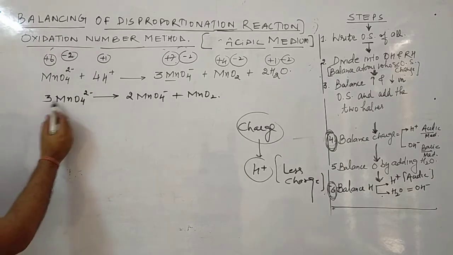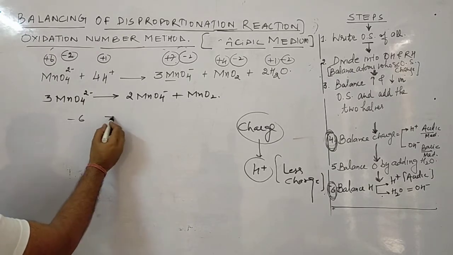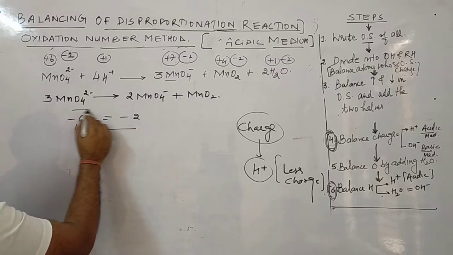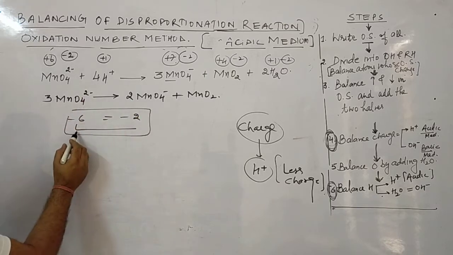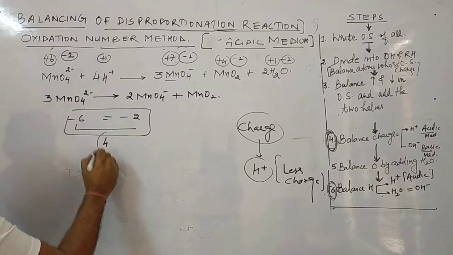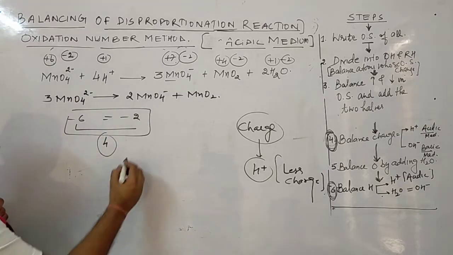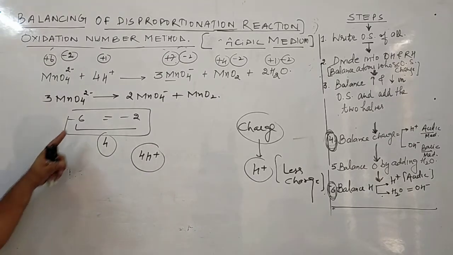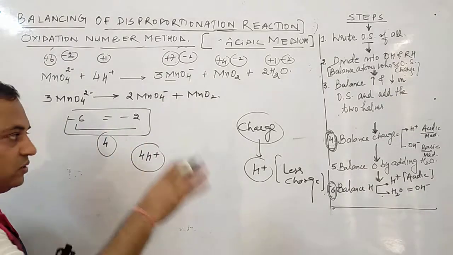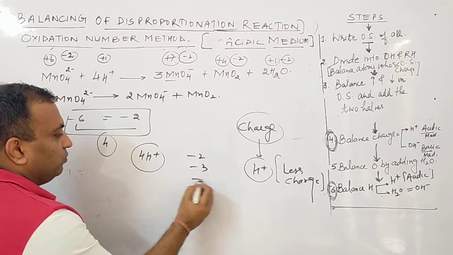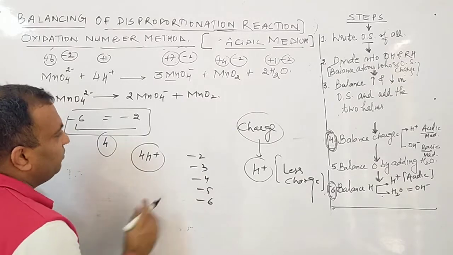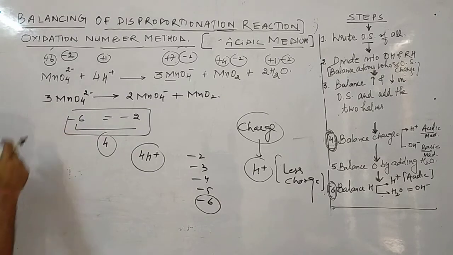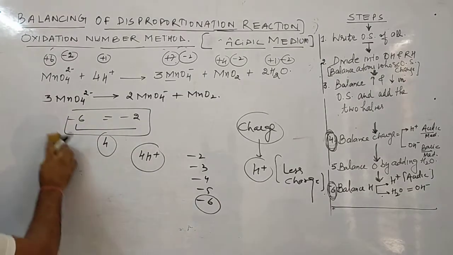So just see, 3 2s are minus 6 on this side, minus 2 on the other. The difference is of 4 points. So I have to add 4 H positive. Now where I have to add? On minus 6 or minus 2, which is on the lower side? Minus 6. यहाँ पर मेरे को ऐड करना है on the left hand side. So what will I get?